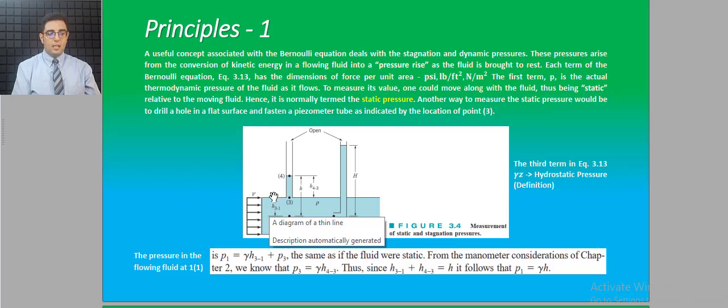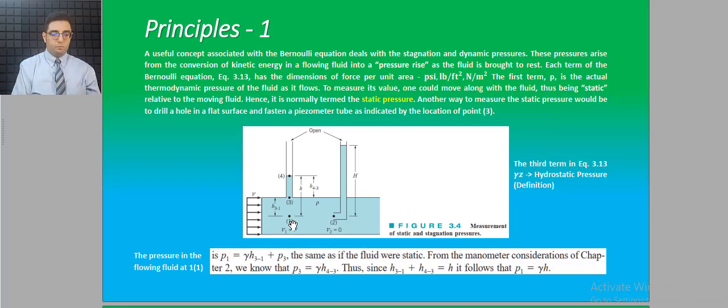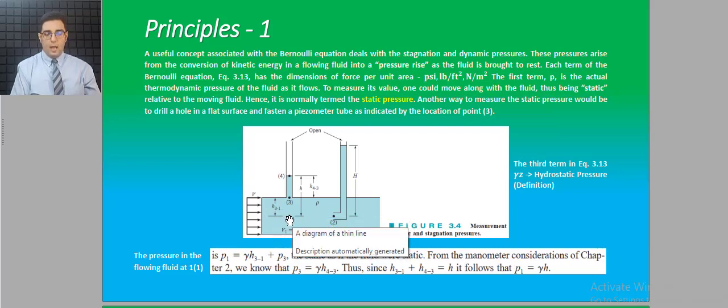As you see here, we have a plate full of water. For calculating the pressure at point 1, which is hydrostatic pressure, as we have a gamma term as well as the height term, we can calculate it from P3 plus gamma H31.